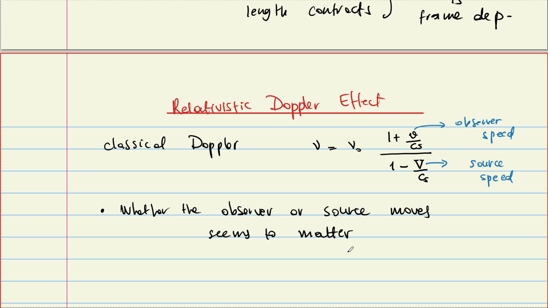All inertial frames are fine, and everything has to be mutual. Whether you choose my frame or your frame shouldn't matter. But here there seems to be a difference. Whether the source moves or the observer moves, they seem to enter the equation in an asymmetric way. How do we reconcile this? Is that okay, or is there a problem we need to consider here?